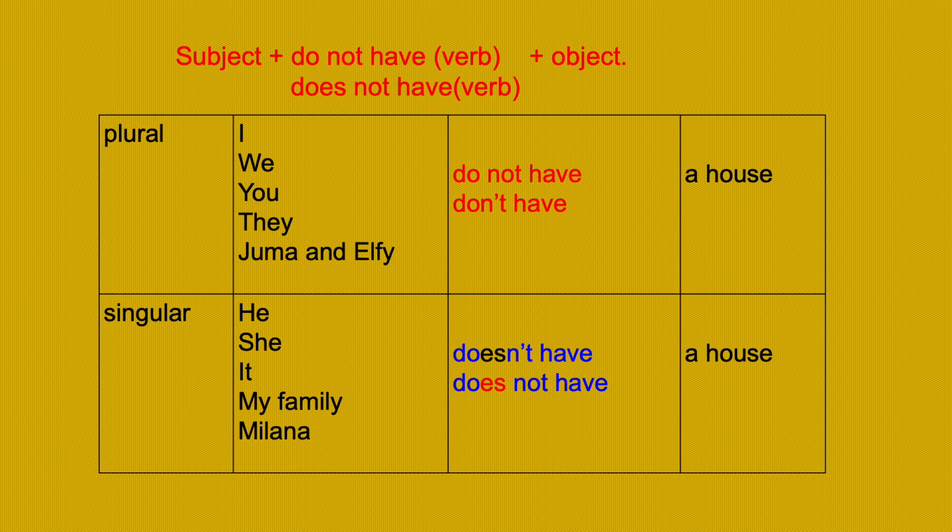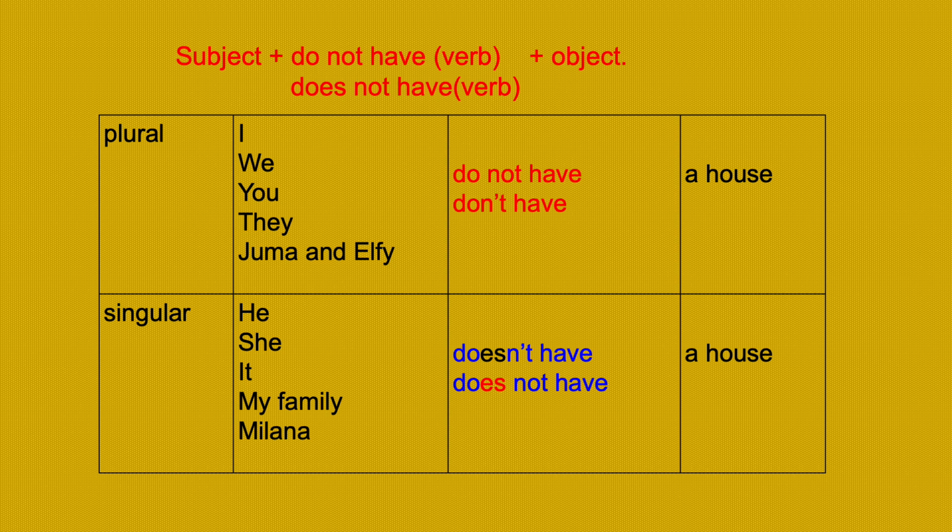Juma and Elfie do not have a house. So this is how subject, verb, object. Then here singular sentence structure, form of this sentence pattern.